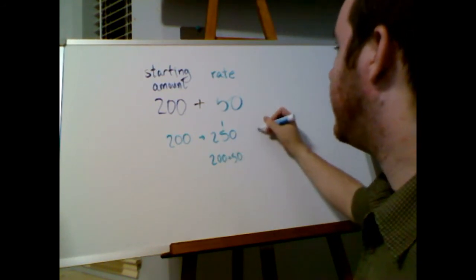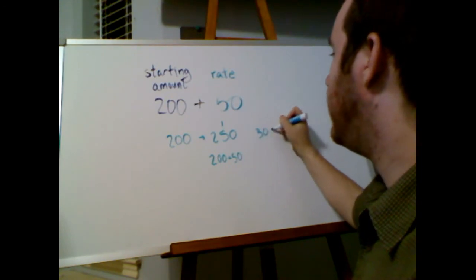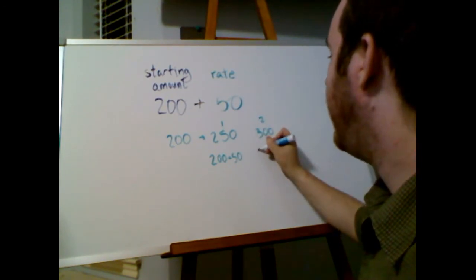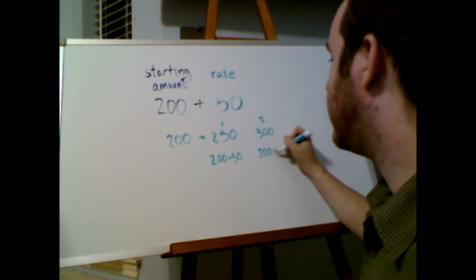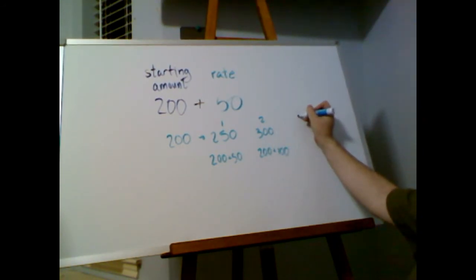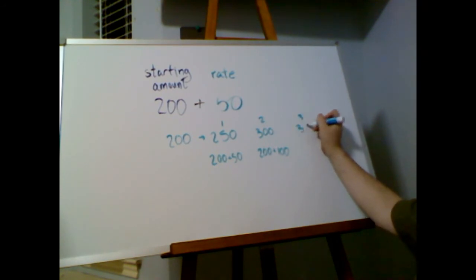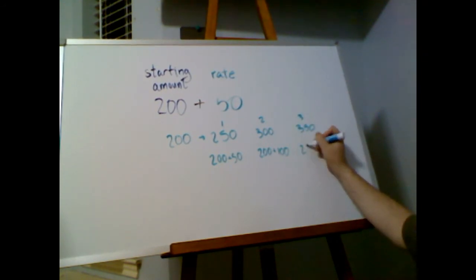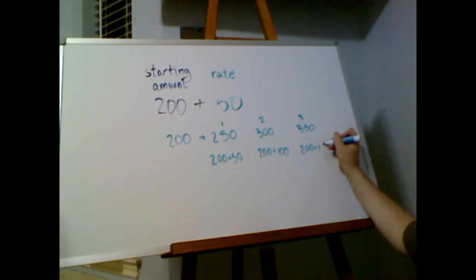Then he's going to get 50 more, and he's going to get 300 on his second week, and that will be the 200 plus this 100. And then on the third week he'll have 350, which is my 200 plus the 150.